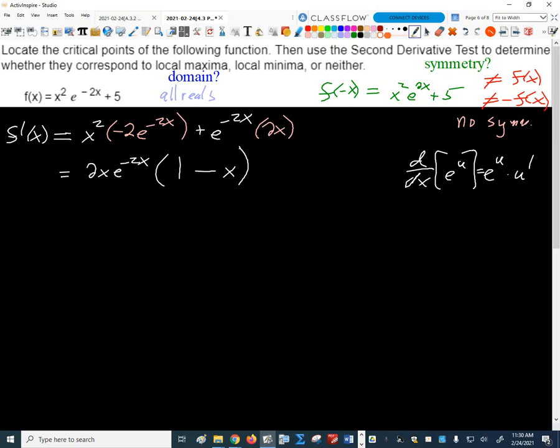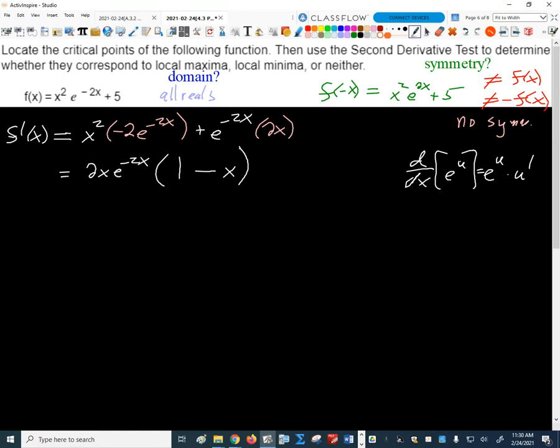That's good. So let's talk about critical numbers for the first derivative. Are there any places where the first derivative is undefined? No. How come?